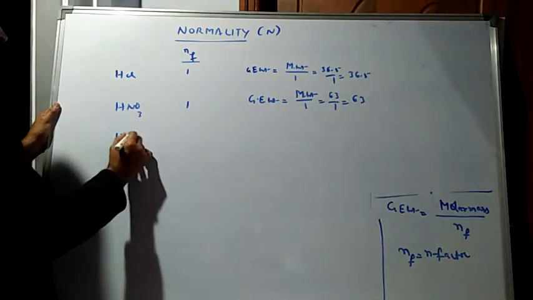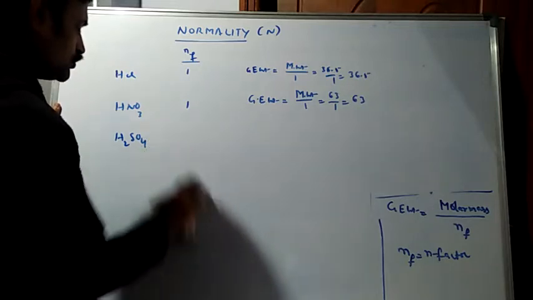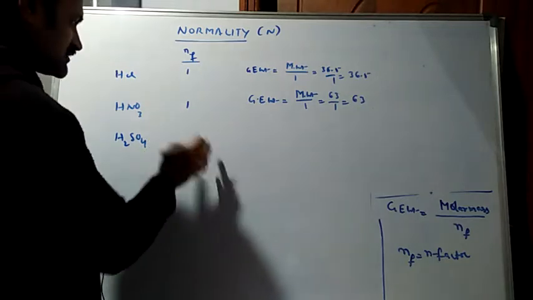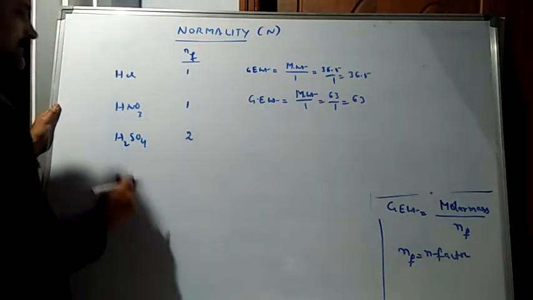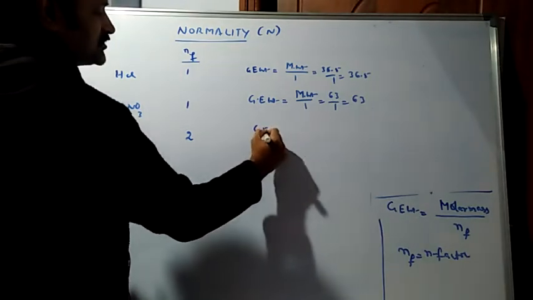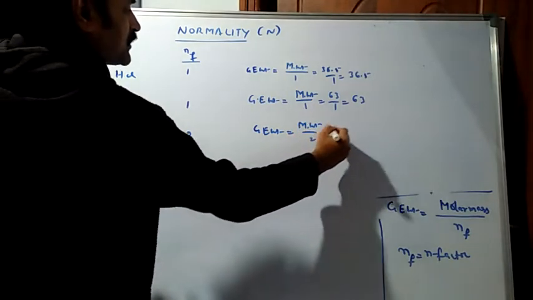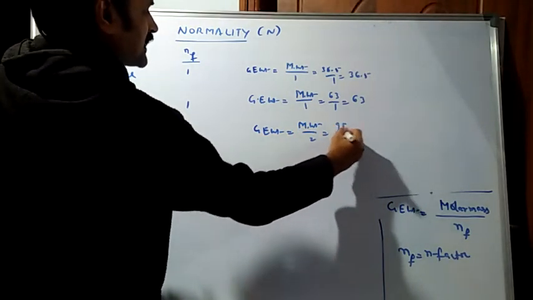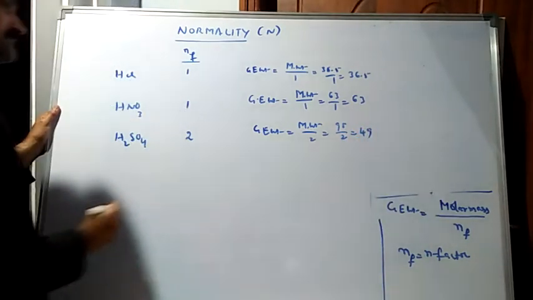Taking an example of sulfuric acid, in sulfuric acid we have two displaceable hydrogens. So 2 is the n factor. The gram equivalent weight for this one is molecular weight by 2, molecular weight is 98 by 2, you will get 49.